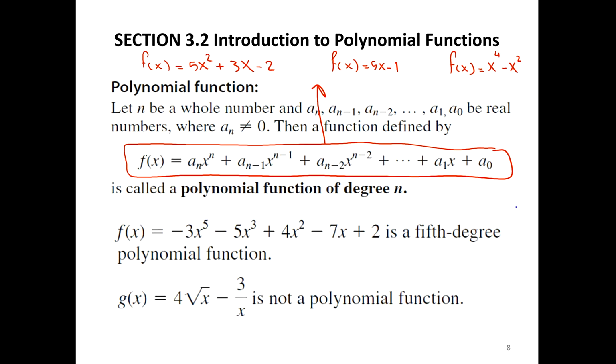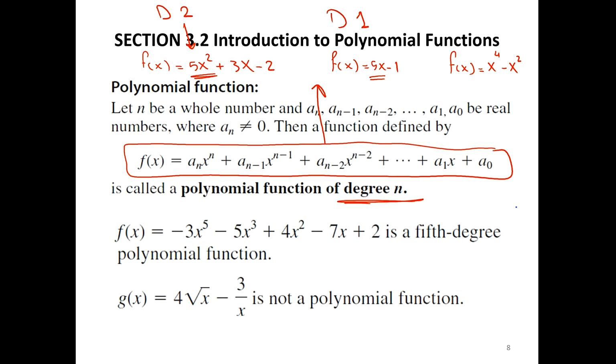The degree of a polynomial is the largest power of x. For example, here the degree is 2, because the highest exponent equals 2. What is the maximum power here? This is 1, so this is degree 1.